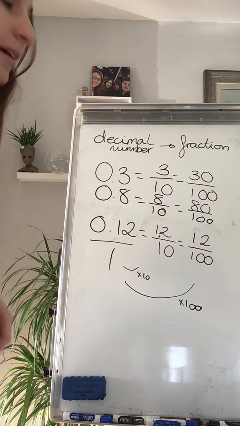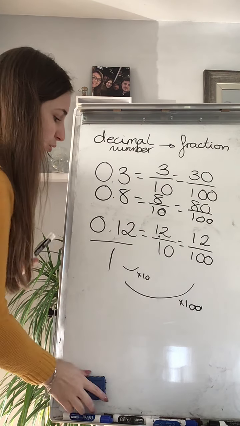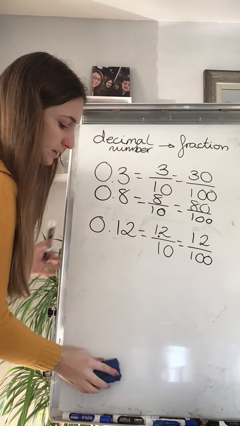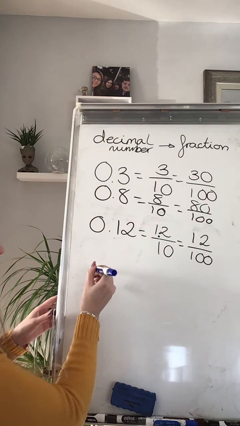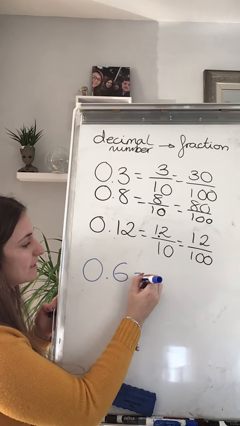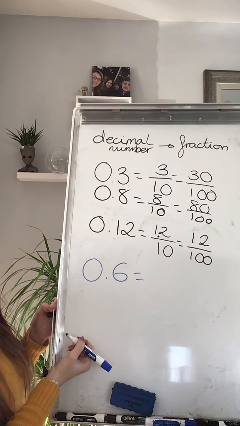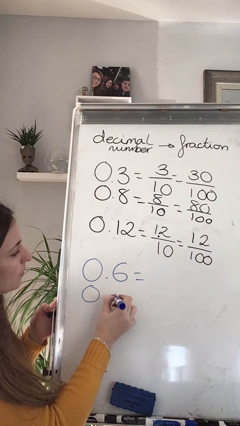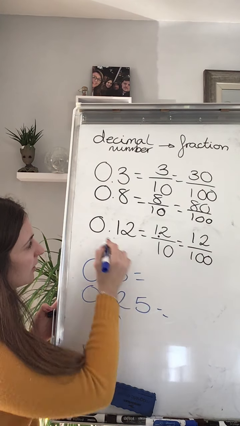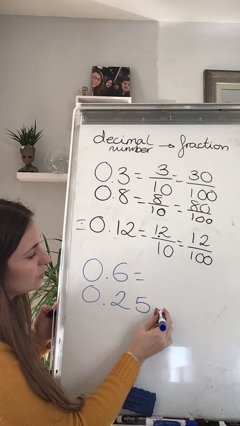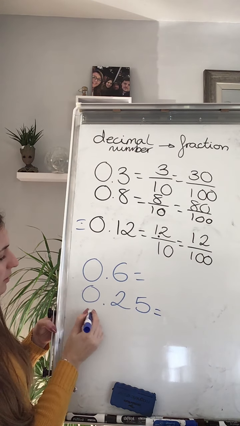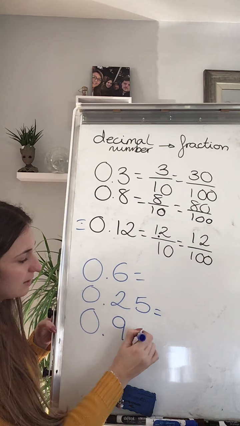All right. Right, are you ready then to do these ones? Can you try to change for me, find the fraction of 0.6 in your book, quick. Find the fraction of 0.25. Keep an eye on this one to try to help yourself. And can you try to find 0.9 as a fraction?